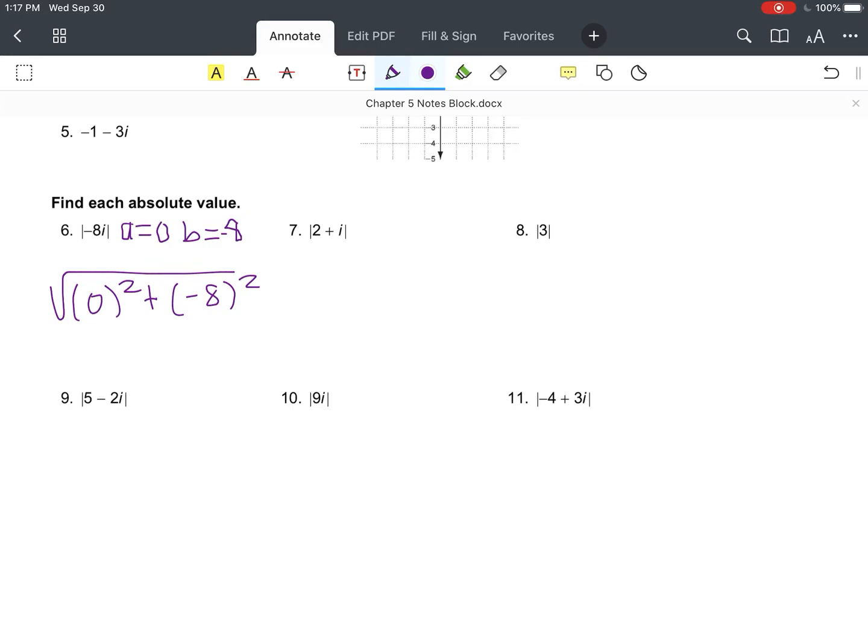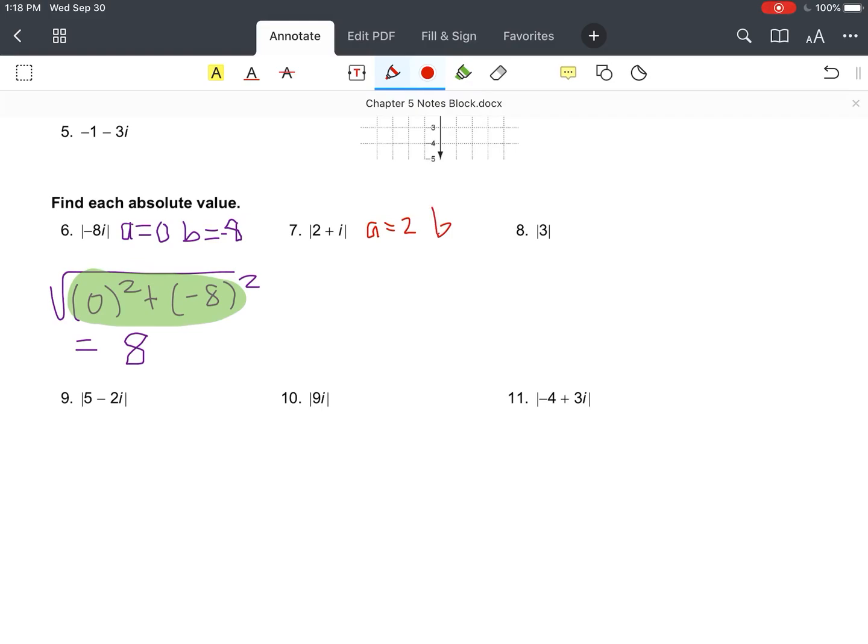You could put that in your calculator or simplify in your head, but when you do that, you're going to get your answer to be 8. Remember, this is absolute value, so all of your answers should be positive. Just like with the quadratic formula, you want to put whatever is underneath the square root in first, just in case it's not a perfect square, so that way you can simplify and not get decimal answers.